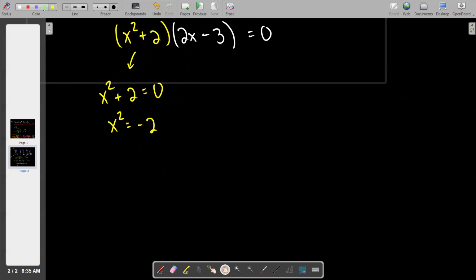When I take the square root of both sides, I always write x equals positive, negative, and then I do the math. So we have to think about this. What strikes you about the square root we're about to take? We know there's going to be an i. And what can you do with the square root of 2?